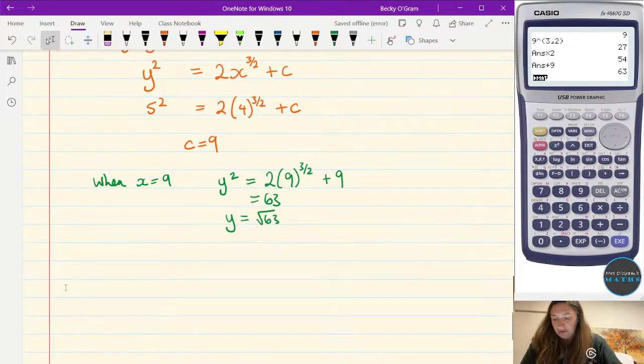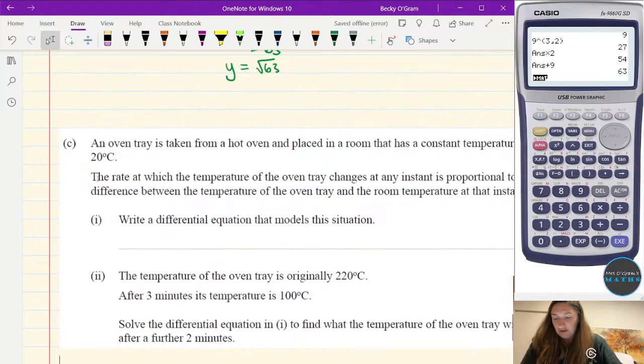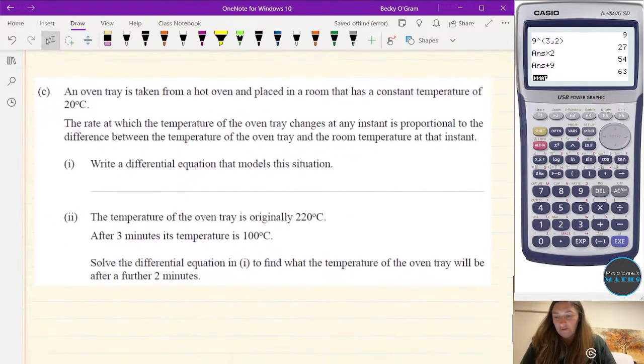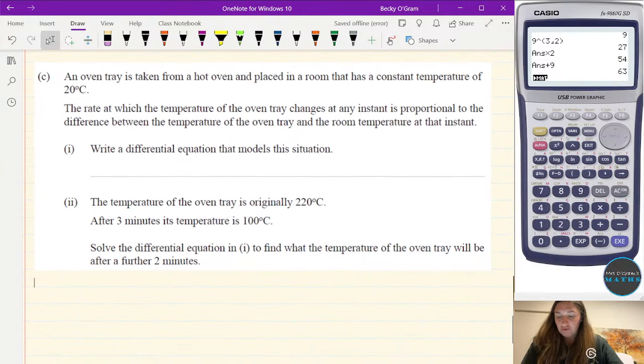So we'll pop that one in. Yeah, there we are. So if you want to go back and pause on those questions and give those a go, and I will come back and do those worked solutions tomorrow.